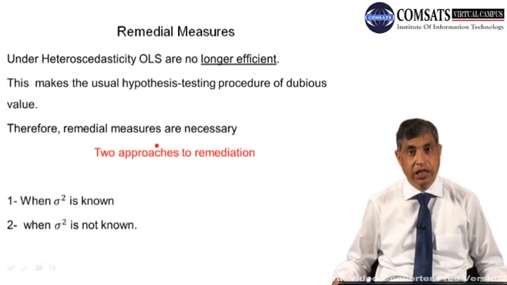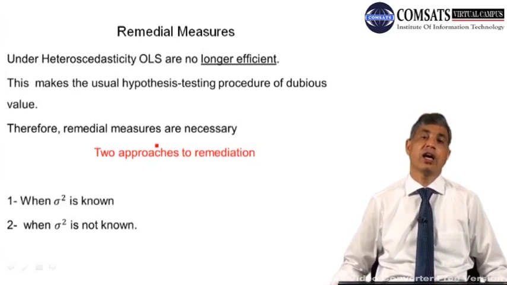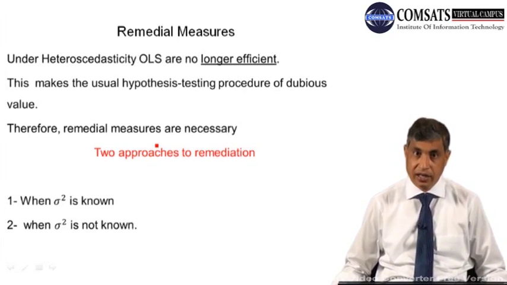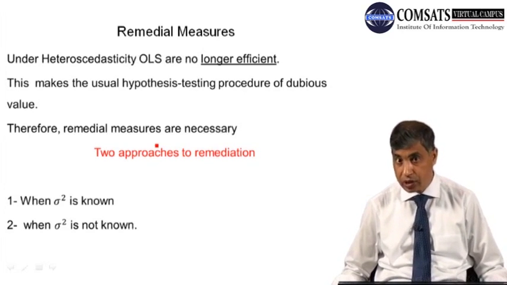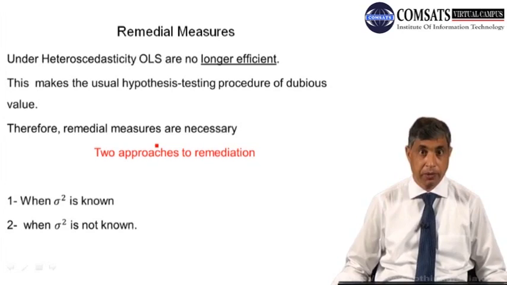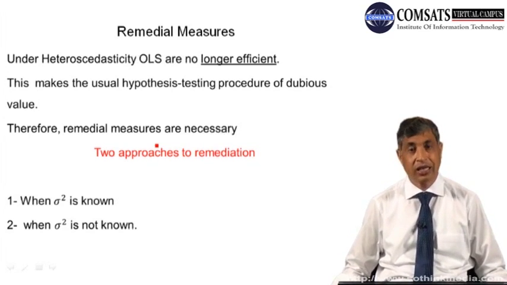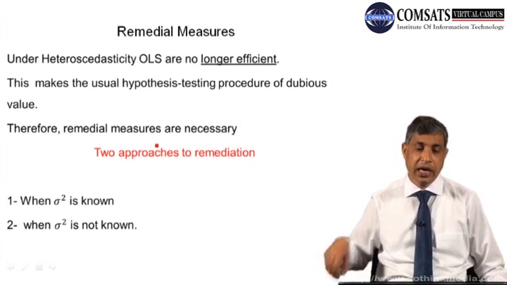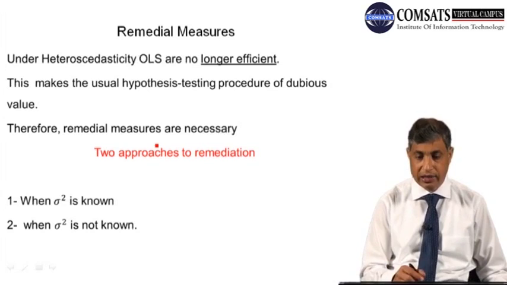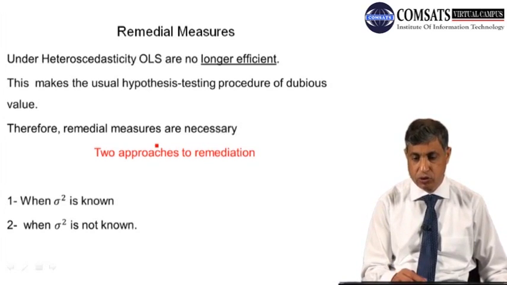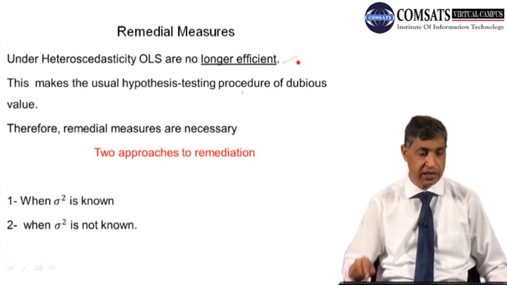So what are the remedial measures? We are not only diagnostic persons who only diagnose that the data has this problem. We give you the solution, because if solutions are not there, the detection loses its importance. Under heteroscedasticity, OLS estimators are not efficient. You know this, I need not explain. They have no minimum variance.